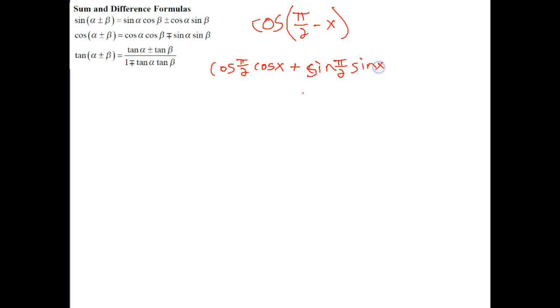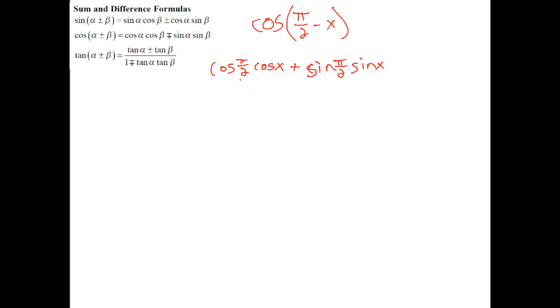We can also use these formulas to simplify expressions. For instance, let's say we have cosine of the quantity pi over 2 minus x, and we want to simplify this. We look at cosine and we have minus here. So that's going to give us cosine of pi over 2 times cosine of x plus sine of pi over 2 times sine of x.